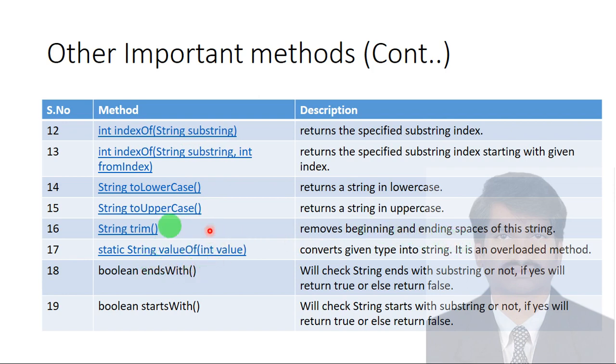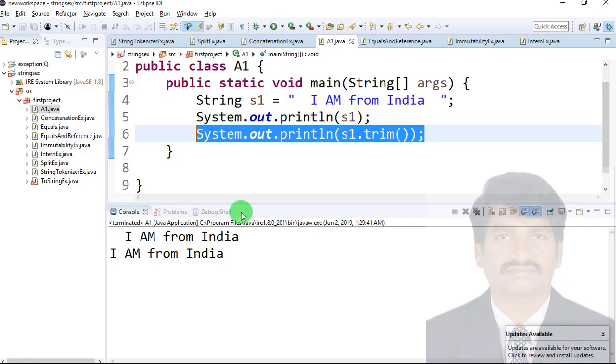Guys, this is one of the important methods, that is the valueOf method. Suppose one is a string, and if you want to convert the other one to a string and concatenate, then you can call this method. This is a static method.